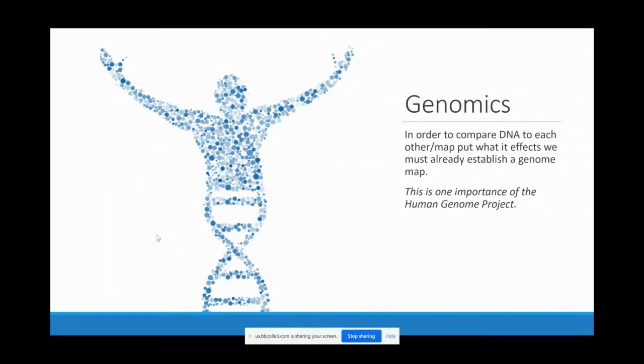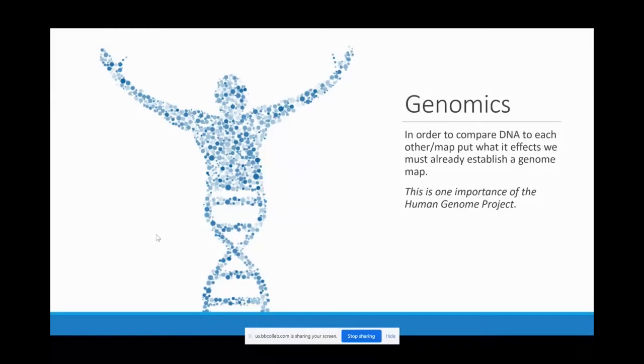So generally, in order to compare DNA in genomics, we have to already have a genome map, right? We have to have an established set of DNA that we know exists to then compare the DNA that we collect from a person or from an animal or from a plant to. So this just kind of highlights one of the importances of the Human Genome Project.